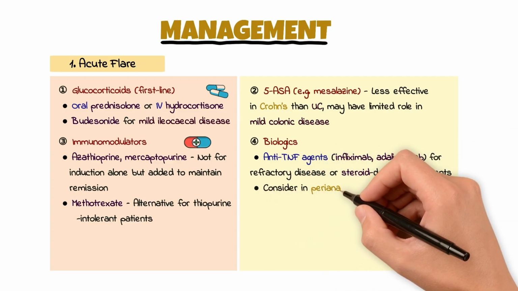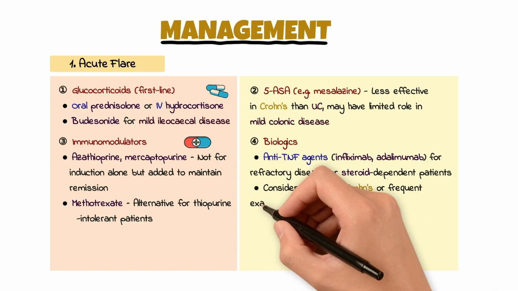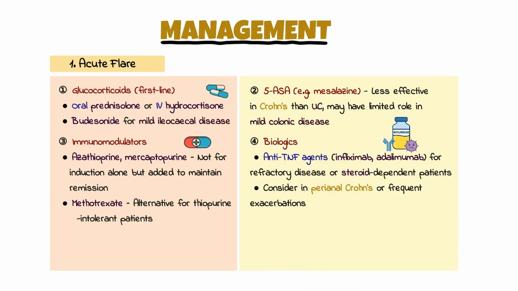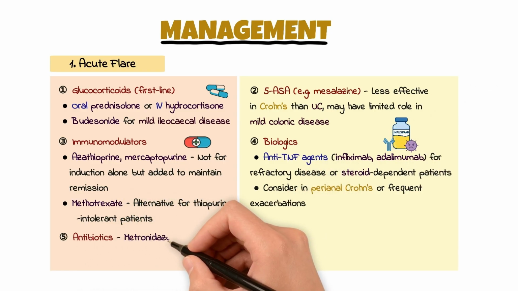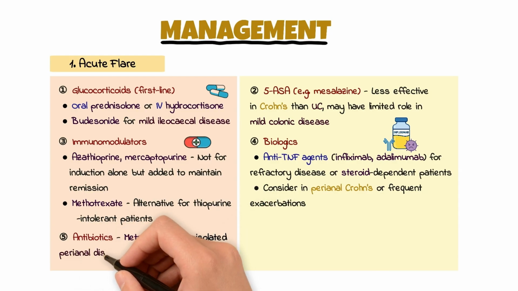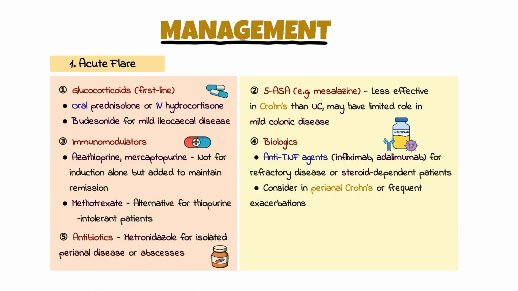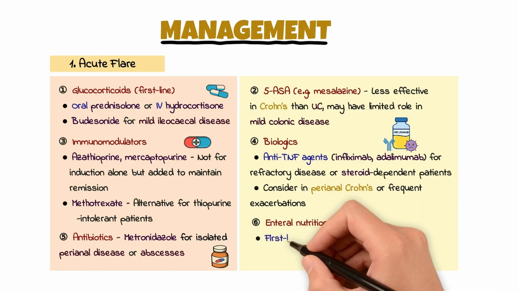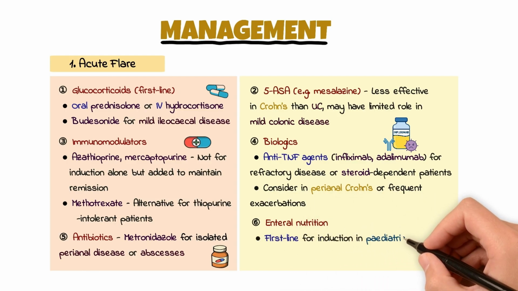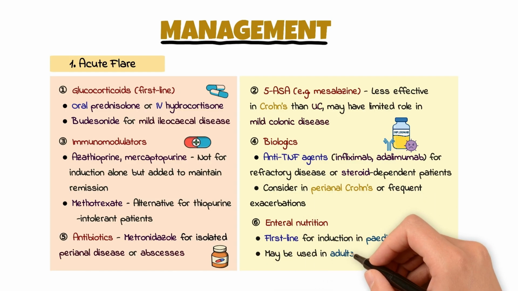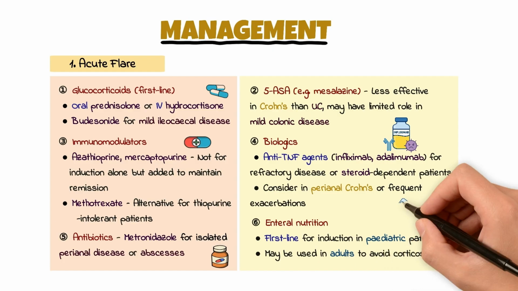Consider in perianal Crohn's or frequent exacerbations. Antibiotics. Metronidazole for isolated perianal disease or abscesses. Enteral nutrition, first line for induction in pediatric patients, may be used in adults to avoid corticosteroids.